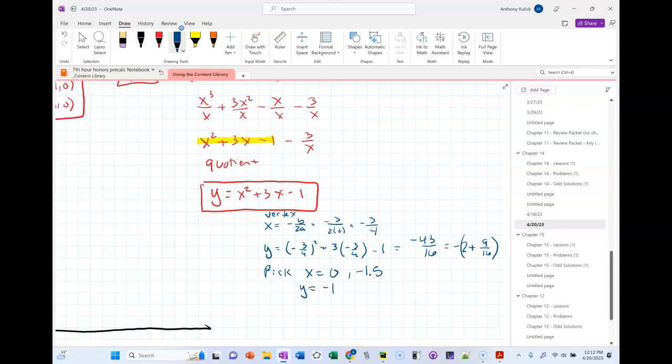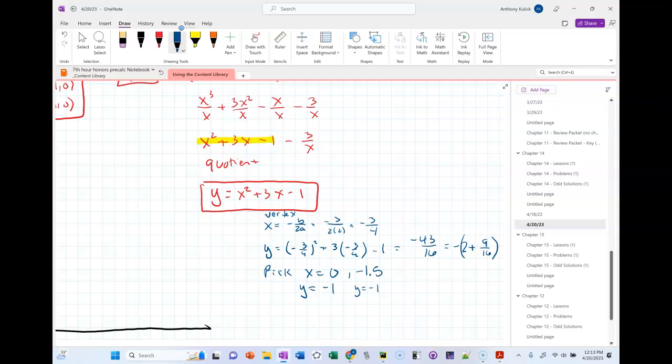Should be really easy to see that. Negative 1.5 is going to give me the same y coordinate, because I know that a quadratic is symmetric about its vertex. So it just saves me a little bit of effort there by picking my x's that way.